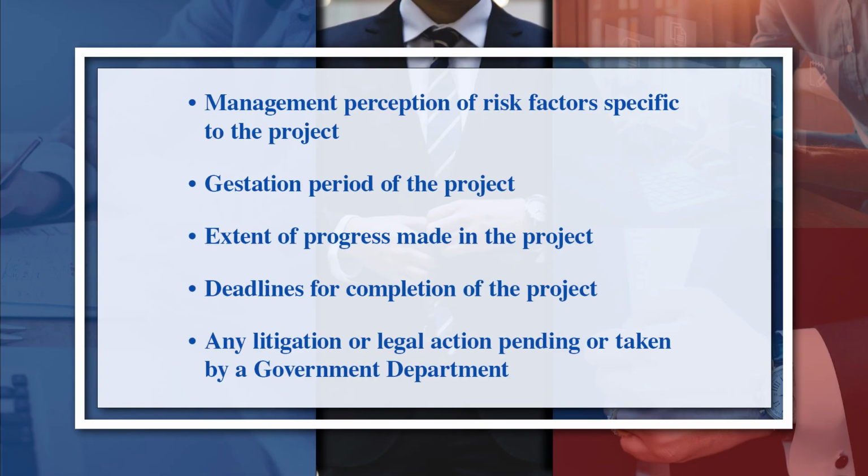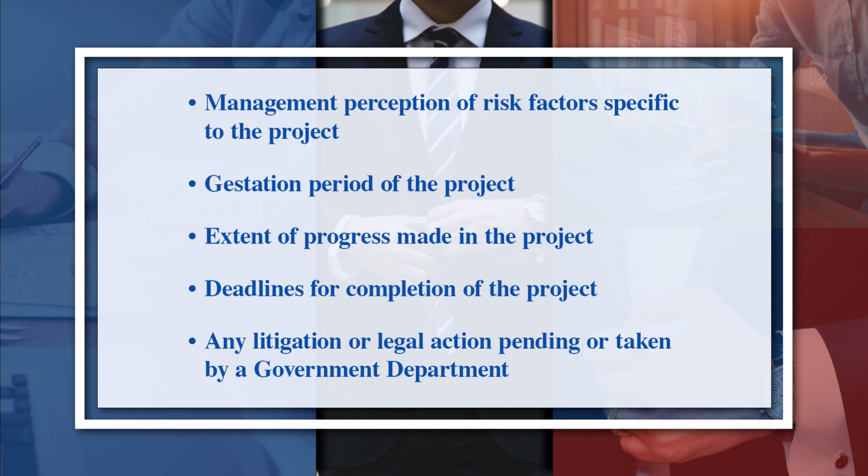Main objects and present business of the company and its location, schedule of implementation of the project. Particulars relating to: Number 1, management perception of risk factors specific to the project. Number 2, gestation period of the project. Number 3, extent of progress made in the project.